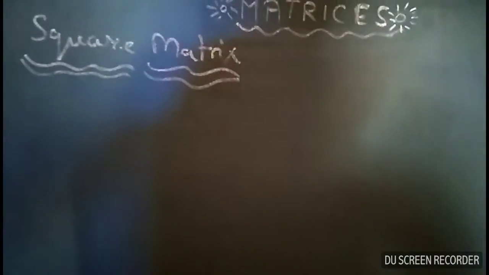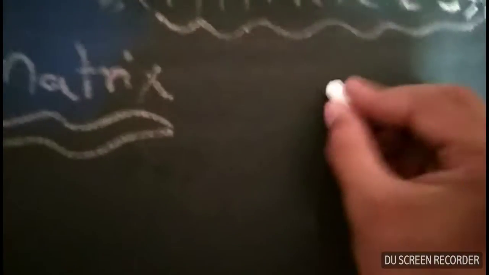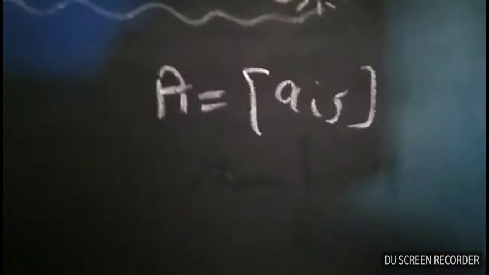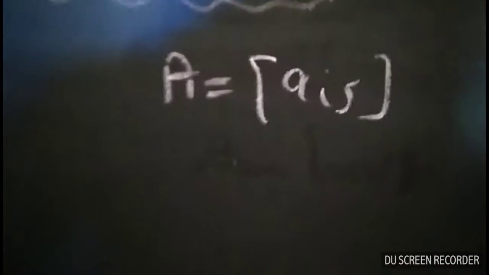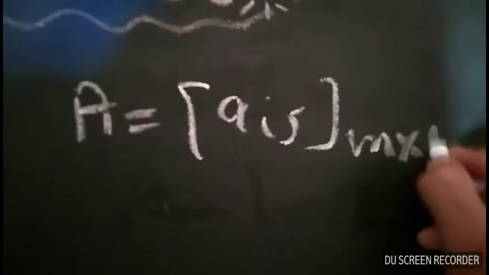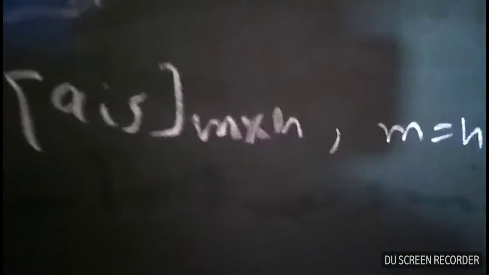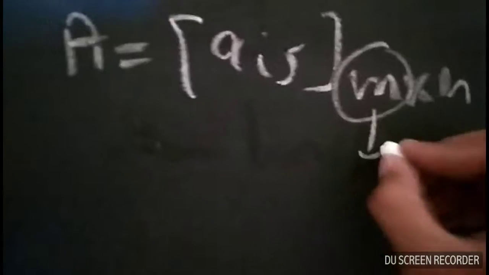That is, let A be a matrix. We denote A equal to A of ij. Then A is a square matrix if the number of rows and number of columns are the same, that is m equal to n, that is number of rows equal to number of columns.